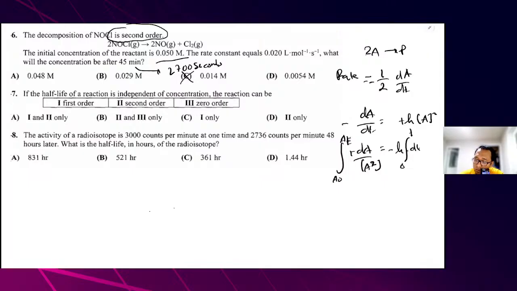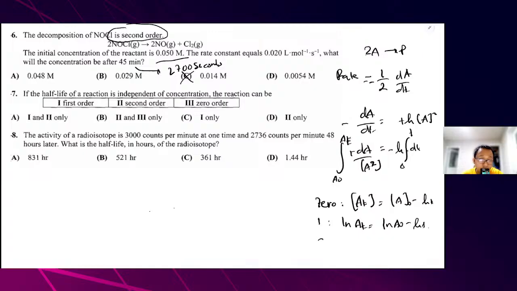Now for the zero order, for zero order it will be at equals a0 minus kt. For first order, we will have ln at equals ln a0 minus kt.